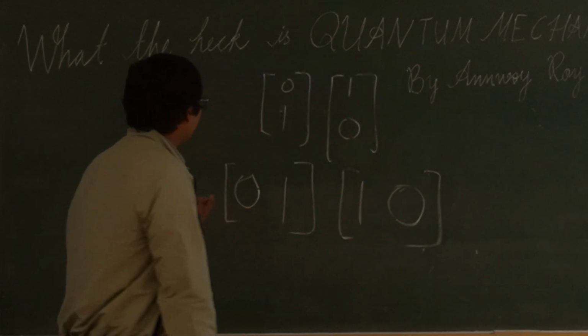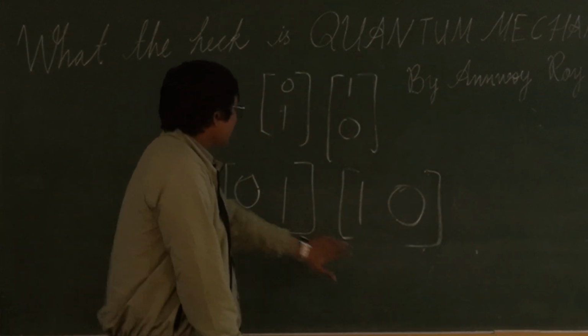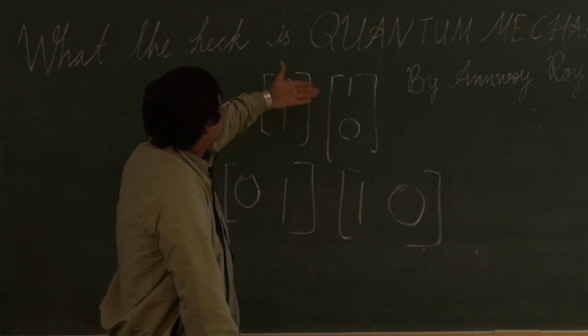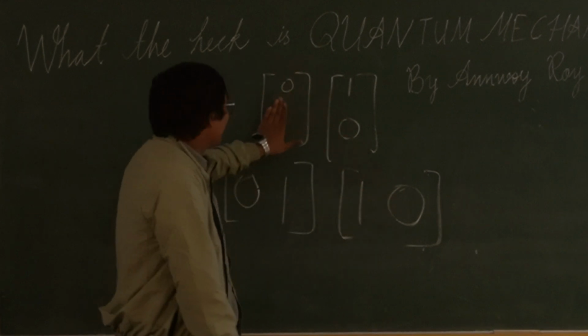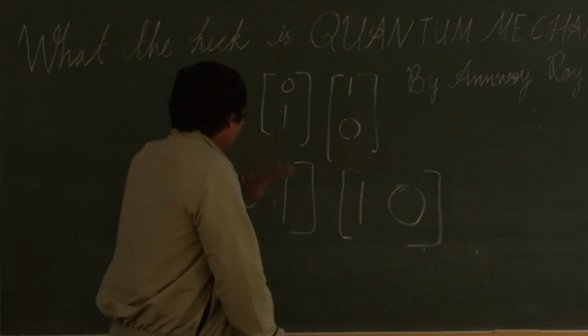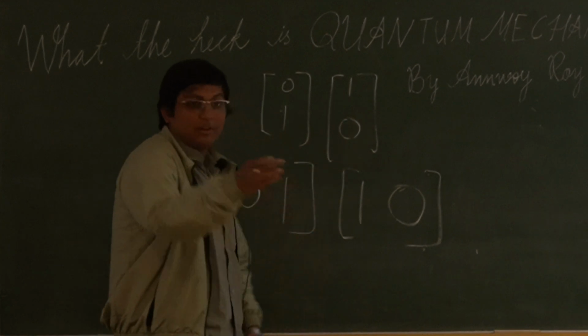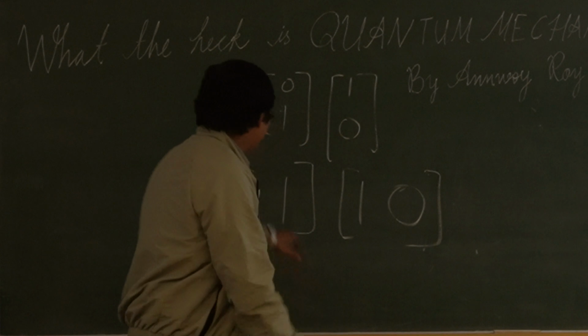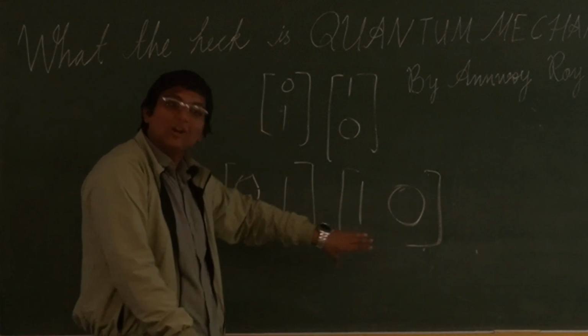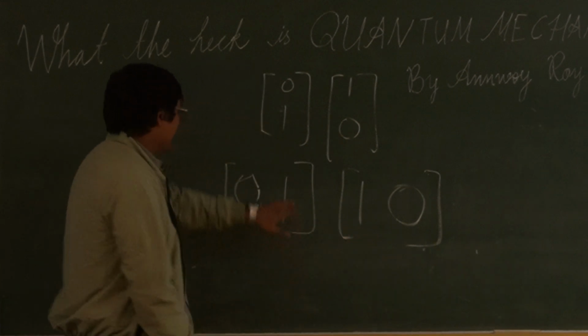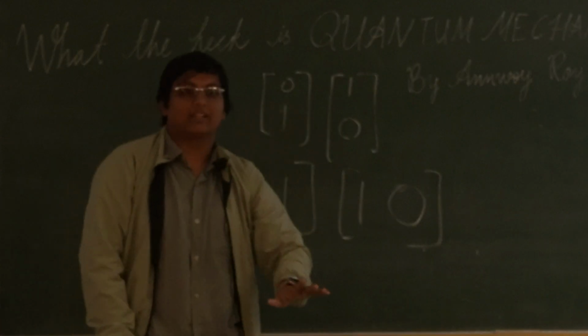So these are just the row versions of these vectors. If you again follow those 8 rules, you can put these vectors there, and you can see they also comply with those rules. So even these row vectors can form a vector space.